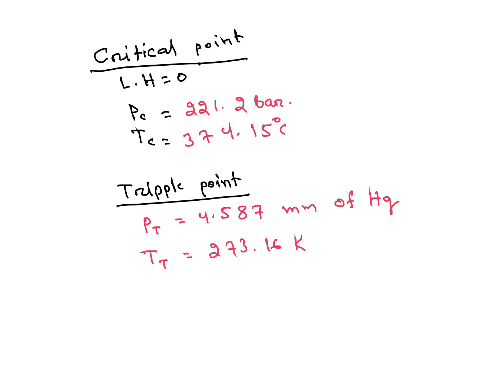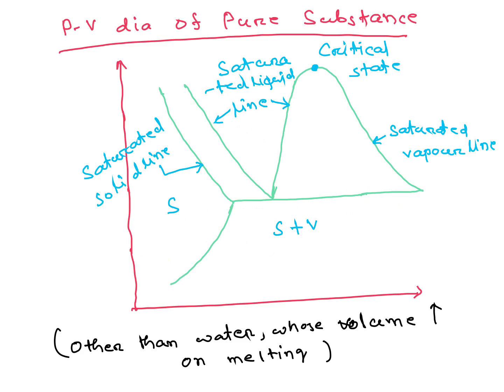Next is the PV diagram of pure substances other than water, whose volume increases on melting. Here this is P versus V, volume. This side it's solid, here solid plus vapor, here solid plus liquid.